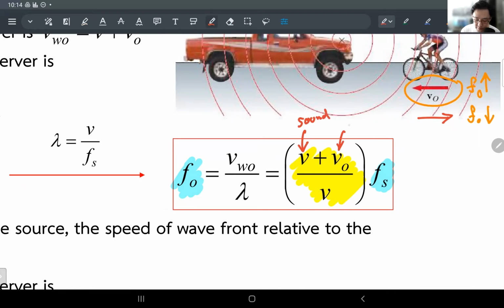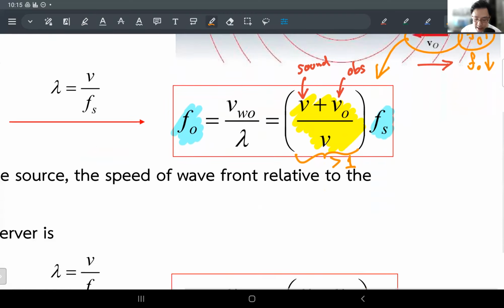This is the observer. As you can see, in the case of moving toward the source, this bracket has a value larger than 1. That makes perfect sense because when the observer moves toward the source, the frequency will be higher. So the factor in the front will be larger than 1. Cool? Now move on to the next.